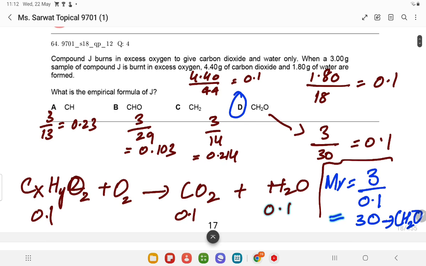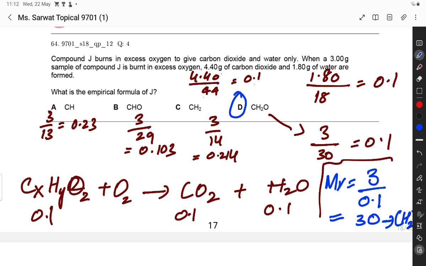This is 4.40 divided by 44, equal to 0.1, and for water, 1.80 divided by 18 is equal to 0.1. So this is the mole of each, and this is 3 grams. By using the same method which I have discussed earlier, 3 divided by 23 is 0.23 mole, 3 over 29 is 0.103, 3 over 14 is 0.214, 3 over 30 is equal to 0.1 mole.